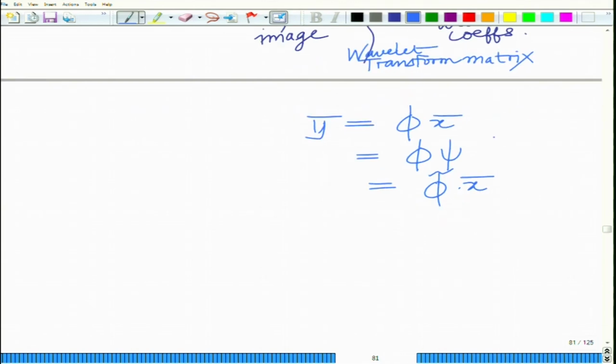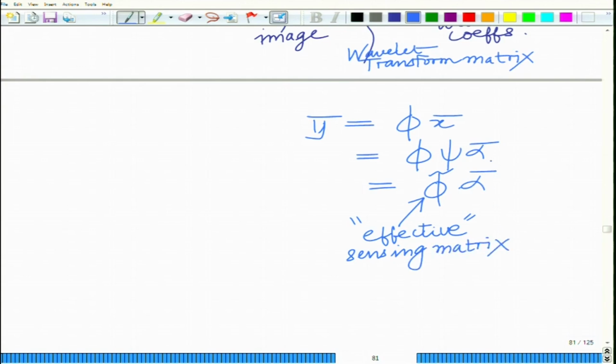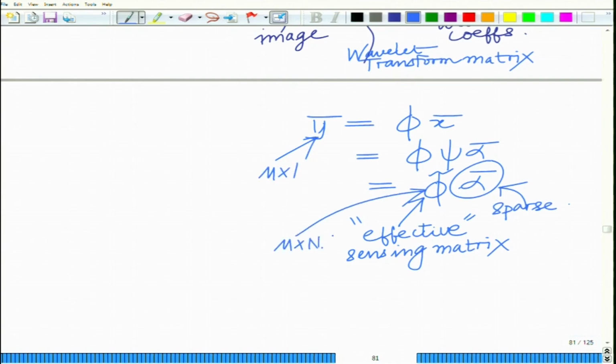I am sorry, phi psi times alpha bar, and if you denote phi psi by phi tilde, this phi tilde now becomes your effective sensing matrix, and now alpha bar is sparse, and you still have the same relation. This is m cross 1, this is m cross n, and this is n cross 1.